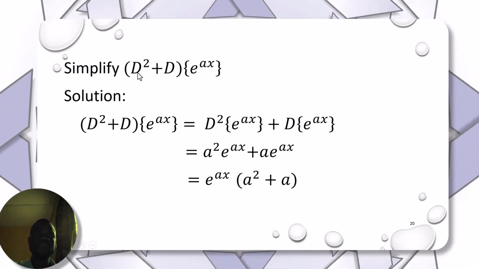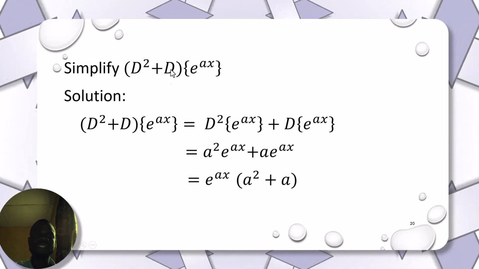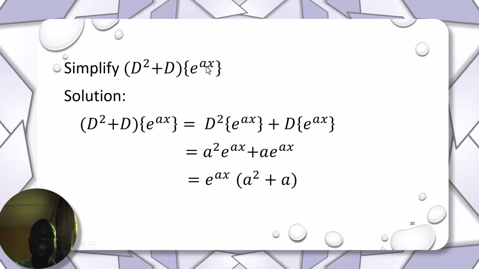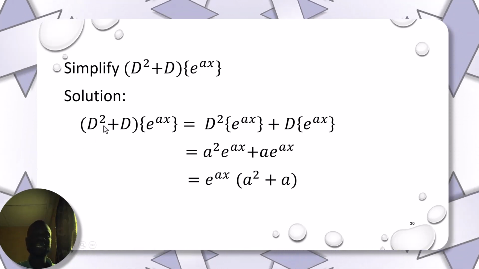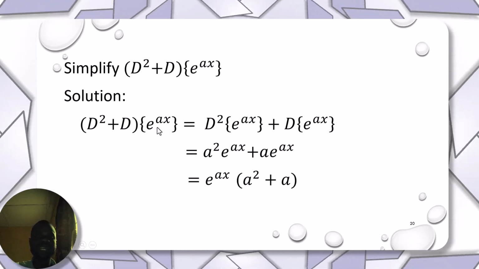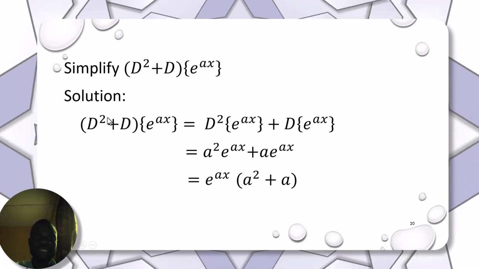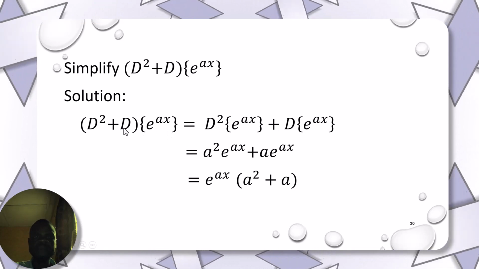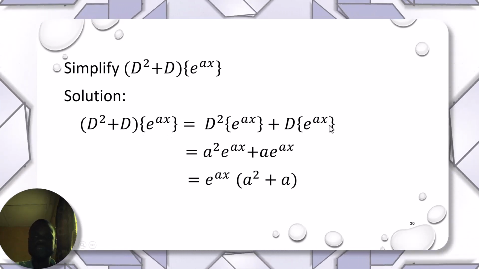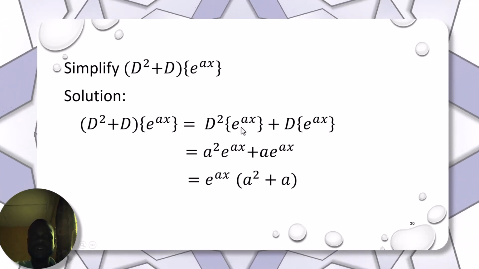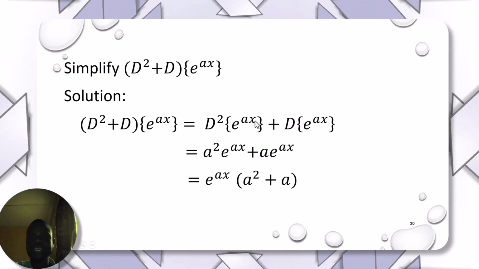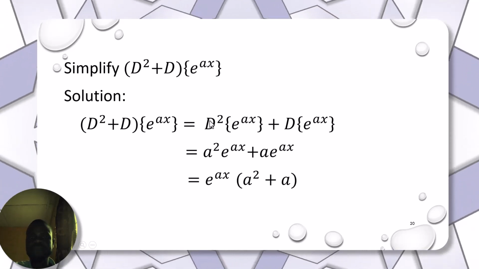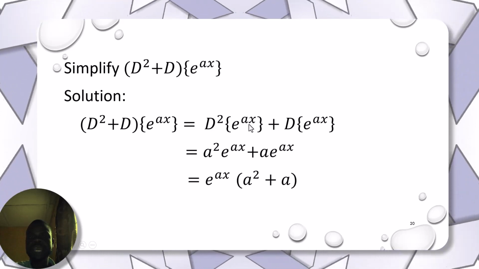The first example is D squared plus D multiplying an exponential function. The first thing to make it easier is to simply open the bracket. This multiplies this, which gives me this, then this multiplies this, which gives me this. Now using theorem 1, since I have e to the power of ax, I simply replace my D with my a here.